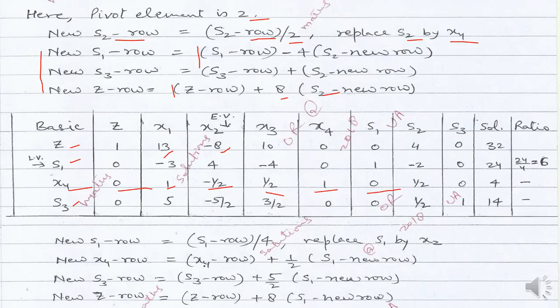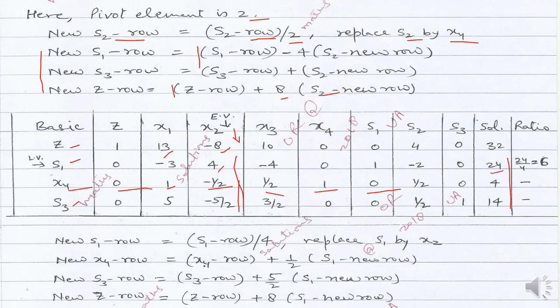In similar manner we can calculate all the elements of this table, and we decide for entering variable by selecting that most negative element in Z row. So most negative element in Z row is minus 8, and this becomes entering variable, and this becomes our pivot column, and we find leaving variable by dividing the solution elements by corresponding pivot column elements.